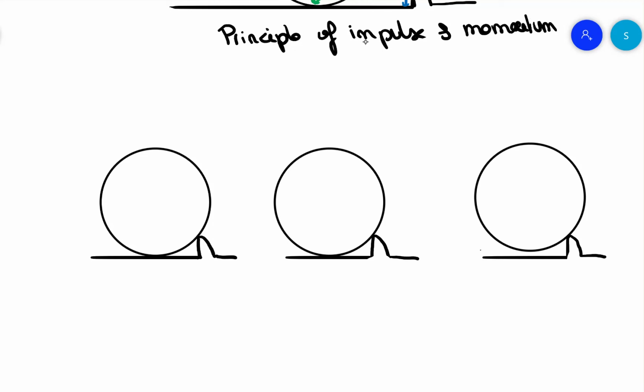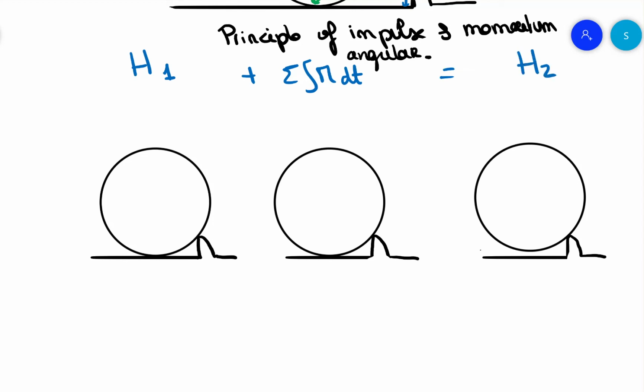Okay, I forgot, angular. And let's see if we consider the impulse. So the principle is H1, we'll see at which point, plus the sum of the moment dt, we'll see at which point, equal to H2, the angular momentum.